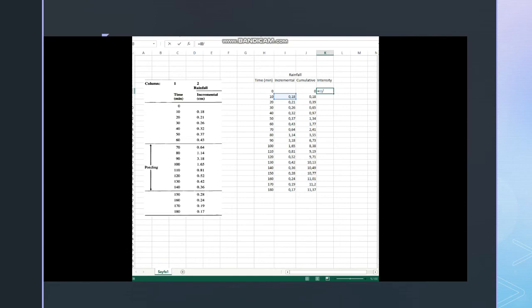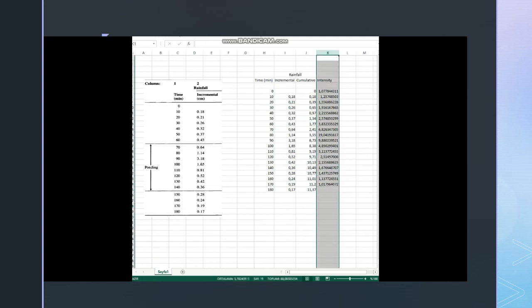But the time period of 10 minutes needs to be converted to hours in order to have unit consistency. So 10 minutes is 0.167 hour. When we divide, we get all the intensities; the last is 0, so we can just delete it. So we found the intensity as well, and that's it for the rainfall.